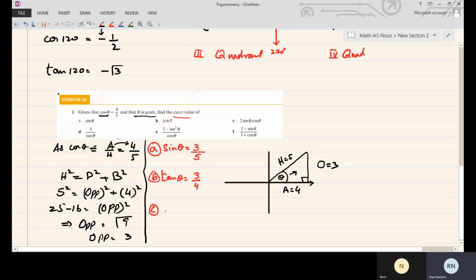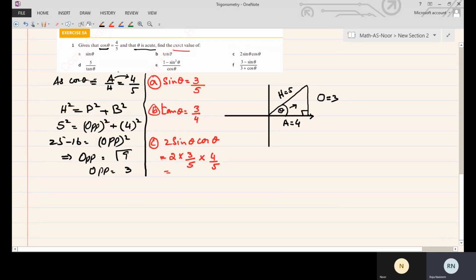And in C part, as you can see, it is 2 sine theta into cos theta, and we have found from the earlier part the sine value is 3 by 5, and given in the question the value of cos is 4 over 5. So when you simplify this completely, 2 3s are 6, and 6 4s are 24, and 5 5s are 25. So this is the answer of C part.